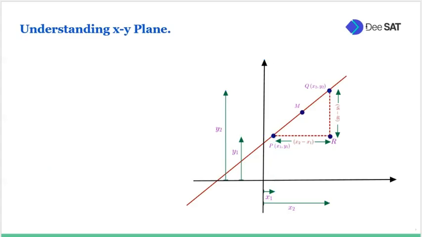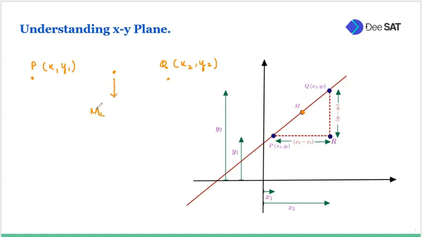Similarly, if you want to figure out the center point or the midpoint of any 2 given points, for example, we have a point P whose coordinates are x1, y1, and a point Q which has coordinates x2, y2. If we want to figure out the center point of these 2 points in the coordinate plane, how can we find the midpoint?